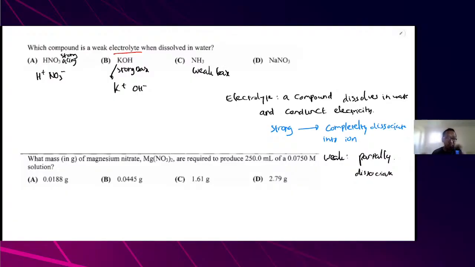And here is the key: it only partially ionizes in water. That's classic weak electrolyte behavior. So in most cases, a weak base would be a weak electrolyte.